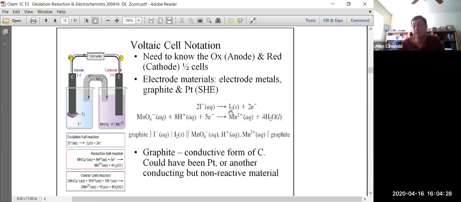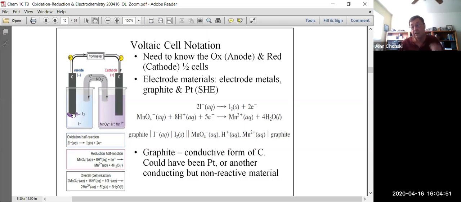Now, I2 is a little soluble in water, but not much. So what happens is that iodide comes up, donates the electrons, combines, and you end up with the iodine coating out on an electrode.